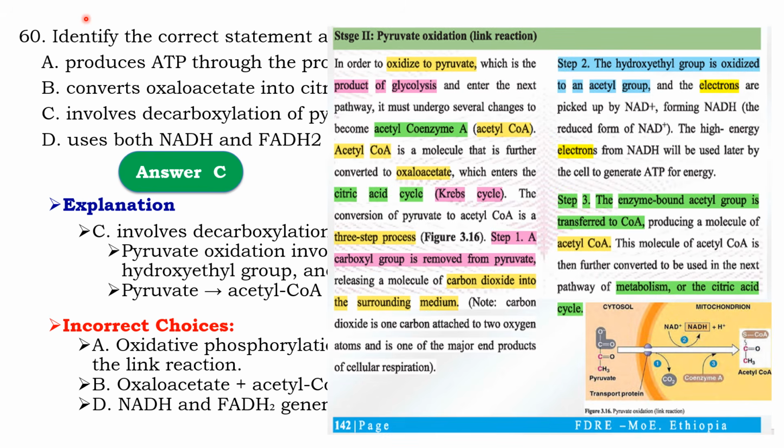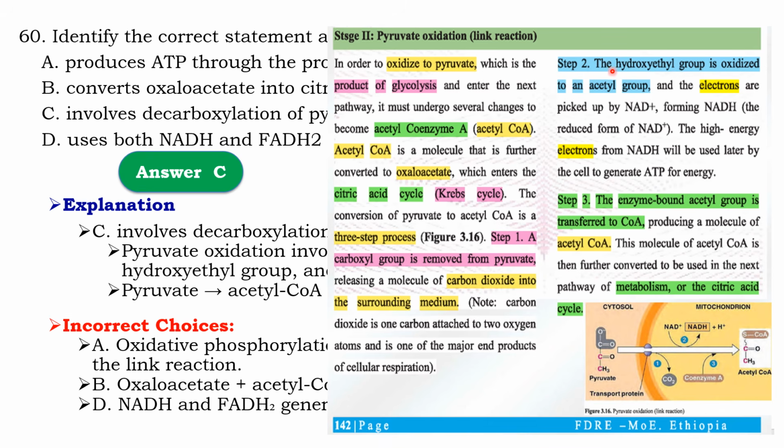So pyruvate oxidation, or link reaction, is where pyruvate, which is a product of glycolysis, enters the next pathway and undergoes several changes to become acetyl coenzyme A. In the first step, a carboxyl group is removed from pyruvate through decarboxylation.